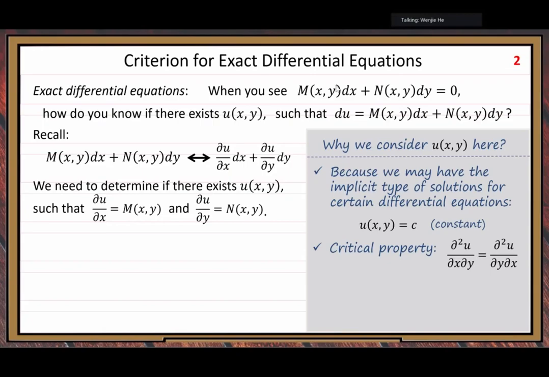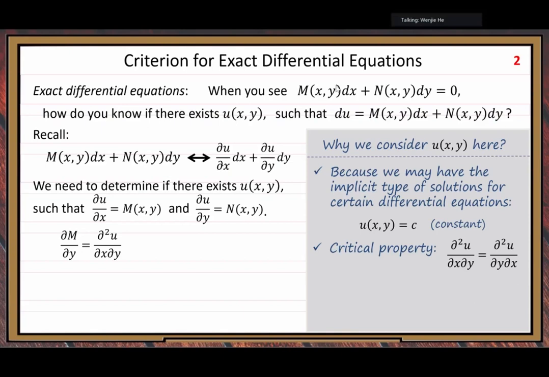That's Clairaut's theorem. When we change the order of the partial derivatives, they are the same. But this equality is true under a certain condition. What's that condition? We will see that condition later.